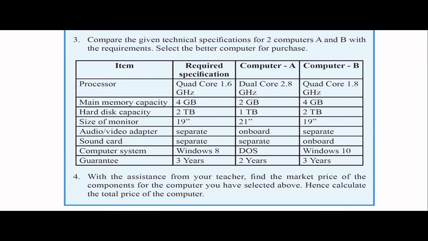And sometimes the brand name itself or the company name, or because you are buying from the local shop, because of that itself, sometimes the prices are added up, right? So please make sure that adding only these values will not give you the price of the computer. Not like that, but you can have a rough idea, because then you can compare the specifications.